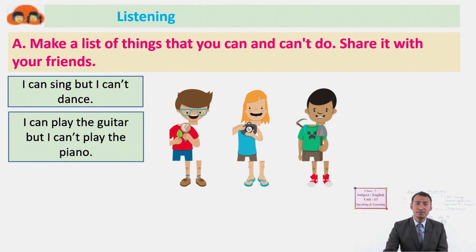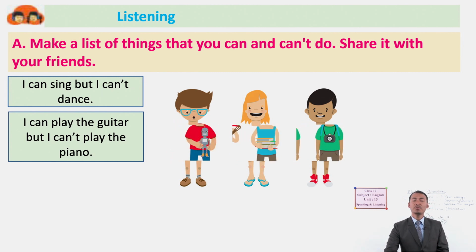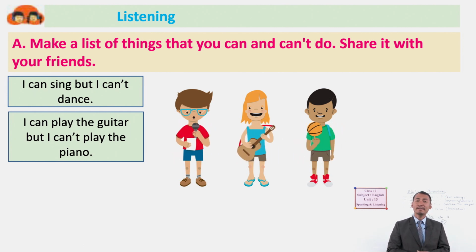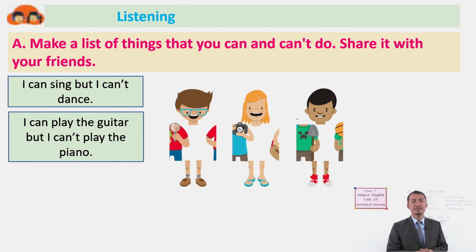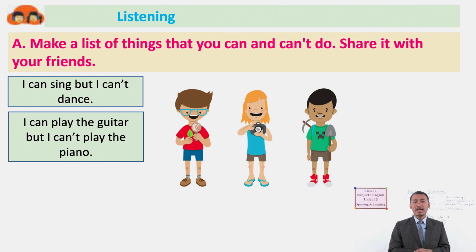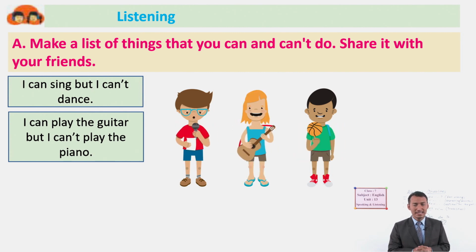So what can you do and what are your abilities and what can't you do? In this way you can say, I can make robots, I can play the guitar, I can take nice photos, I can play basketball very well, I can sing songs so nicely.